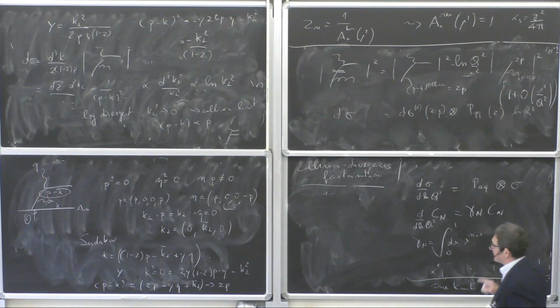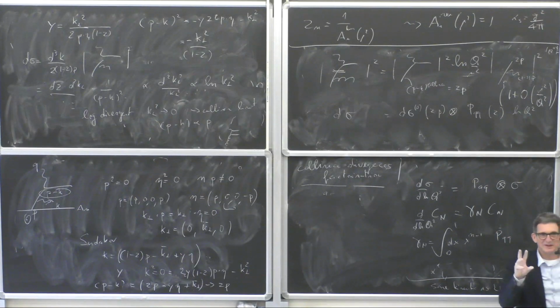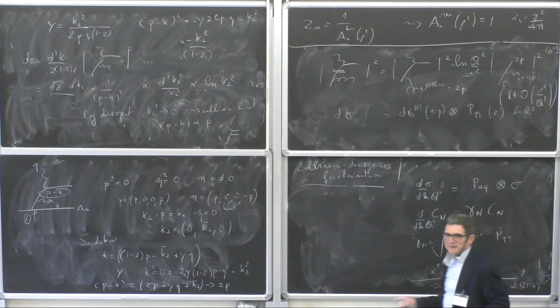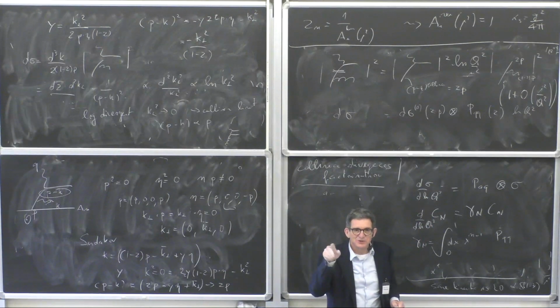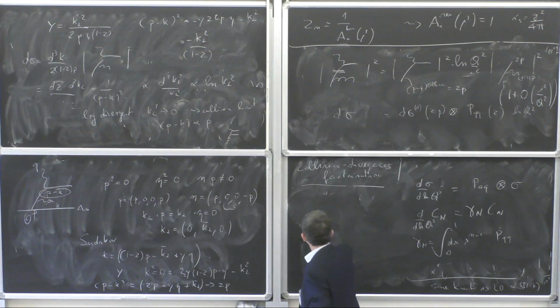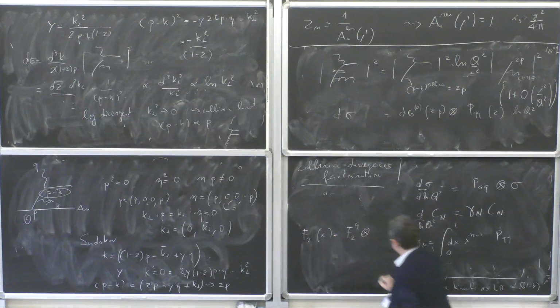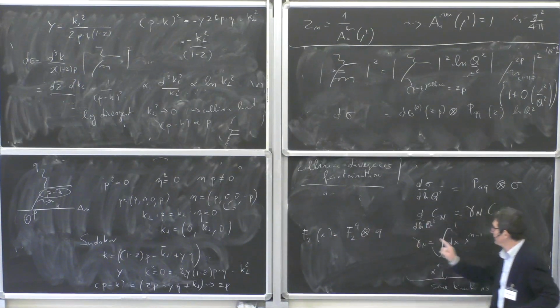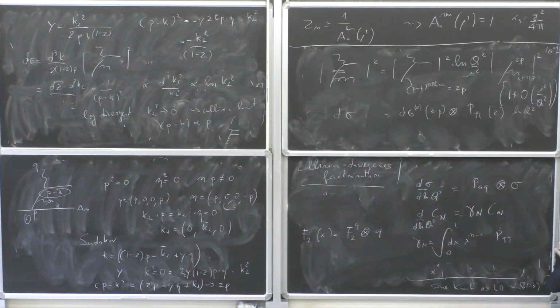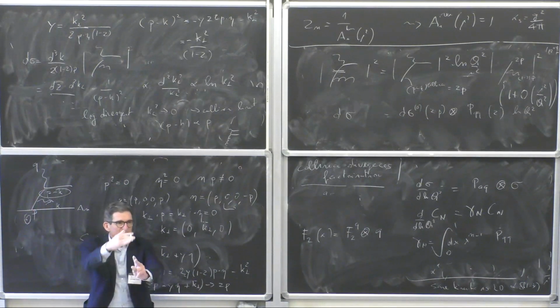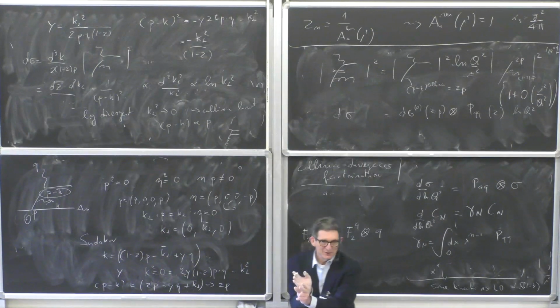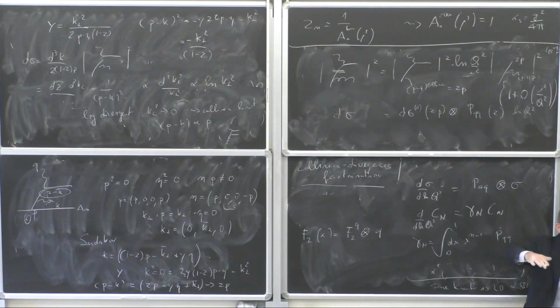And then you understand that this kind of mathematical accident, that the structure function was the convolution of, so you remember we had this relation that said that the structure function f of x is a convolution of a structure function with an incoming quark times a parton distribution, is just a reflection of the deeper fact. So that looked like a mathematical accident, that I was rescaling the incoming momentum by x. But now I understand that the rescaling of the incoming momentum by x is just a reflection of the fact that I'm factorizing everything that produces the collinear singularities up to power suppressed corrections in the initial parton distribution.